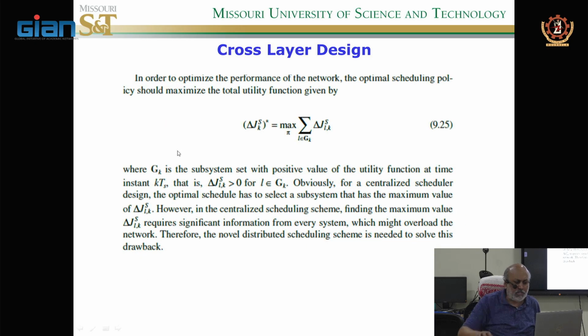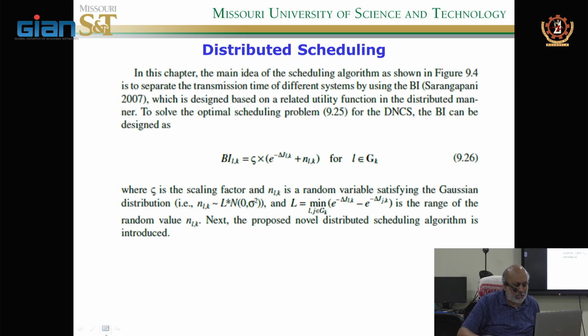You are maximizing that difference. Okay? So you're trying to maximize the number of bits you're transmitting or you need to transmit, and that information is used in the back-off interval calculation. You see that? And that delta J is used here. So if you have more to transmit, your back-off interval will be smaller, so you will be given higher priority.